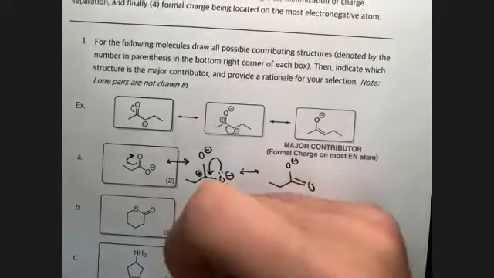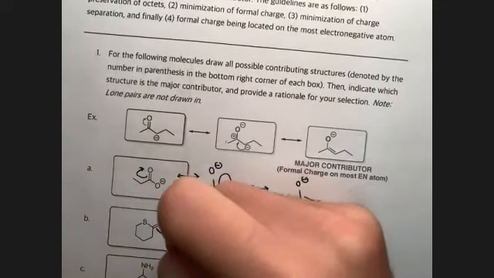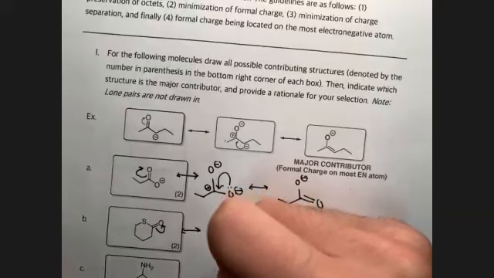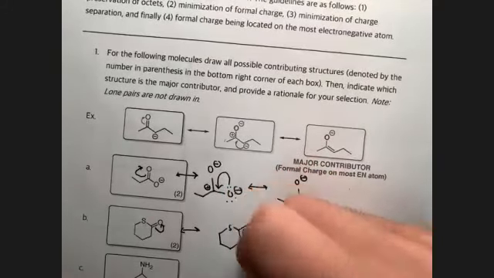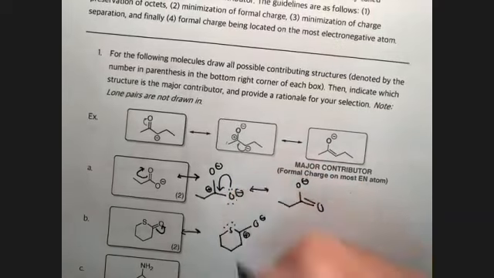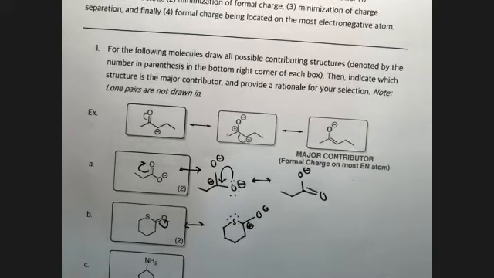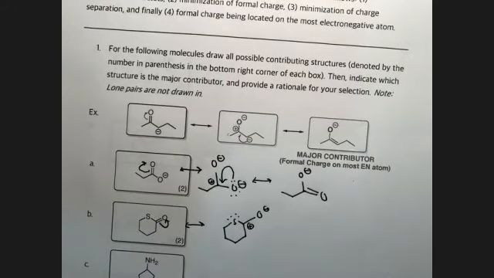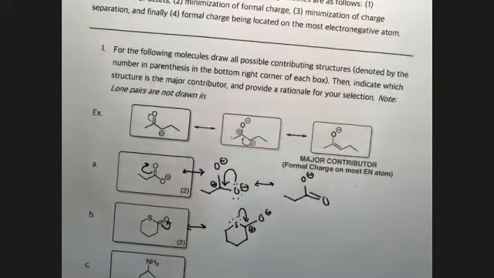Let's keep going. For 2, I see that I have this carbonyl, so let me start there. That's a very good first step. And there are these lone pair electrons there, and these electrons are going to push in, source to sink, like that.